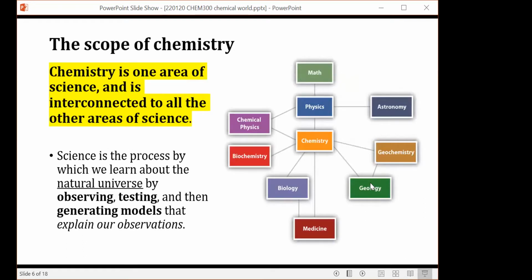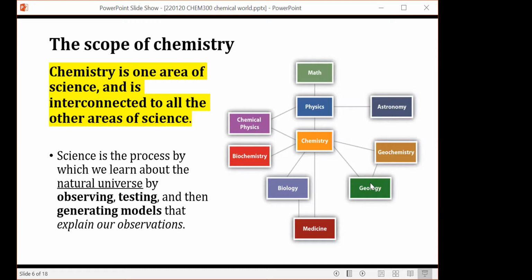Because chemistry is the study of matter and how matter interacts with other pieces of matter or energy, it's central to pretty much everything else in science. And so this is why chemistry classes are oftentimes one of the first classes you have to take in science before you can take anything else, because everything connects to chemistry.